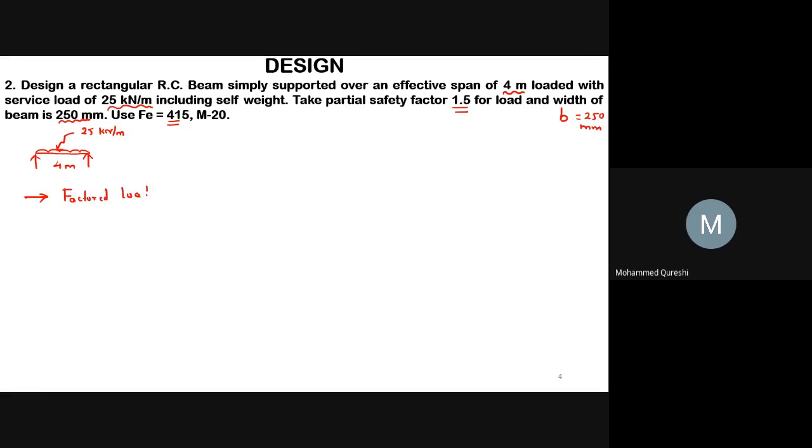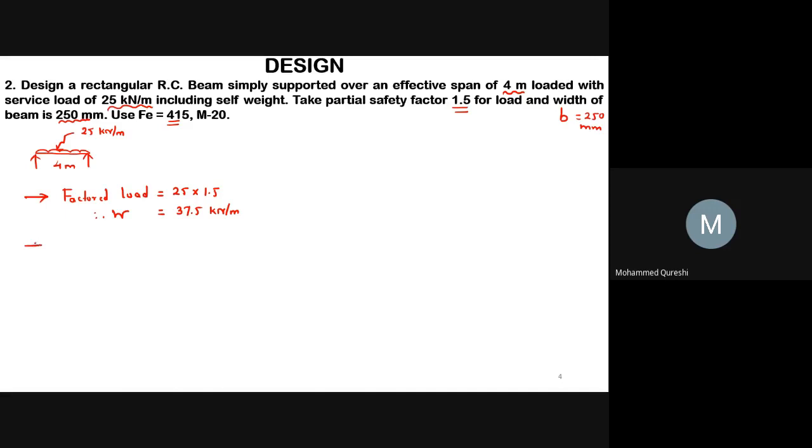So the factored load will be equals to 25 into 1.5. So your factored load will be equals to 37.5 kilonewton per meter. That is, your W is 37.5 kilonewton per meter.